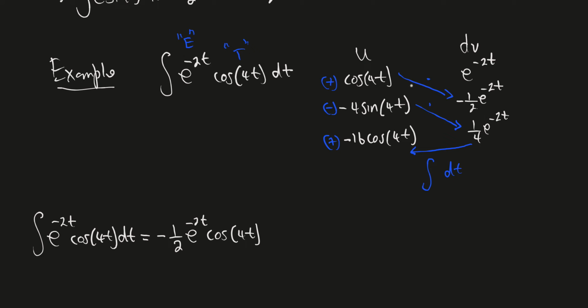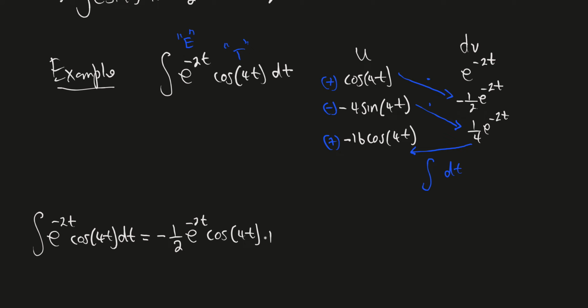That's just u, v. And we get another product here, and now we have a double negative, so that makes it a +4 sine of 4t times 1/4 e to the -2t. Now, because this coefficient is 4 and this coefficient is 1/4, when I multiply them, I'll just get a 1.